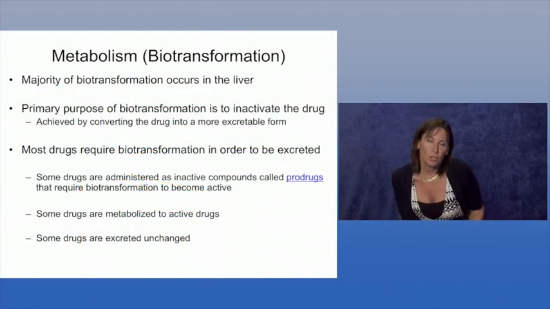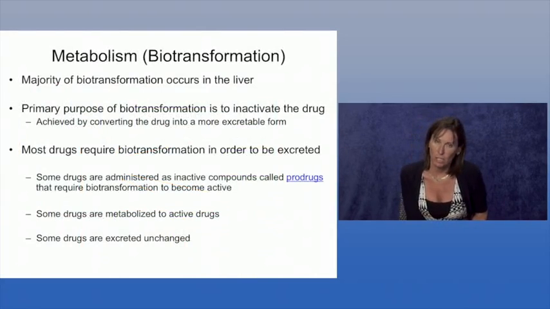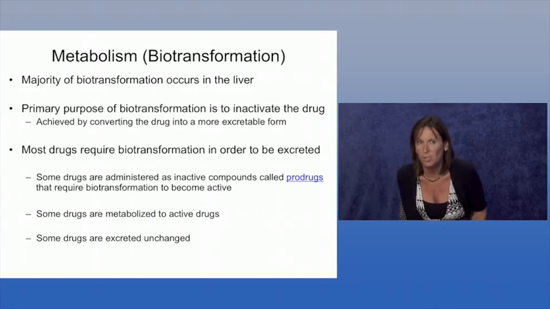So we use the term biotransformation and metabolism interchangeably. Biotransformation is this concept of change, transforming. Bio, it's occurring in the body. Metabolism is also this concept of converting a molecule to another molecule. So biotransformation and metabolism are interchangeable terms.